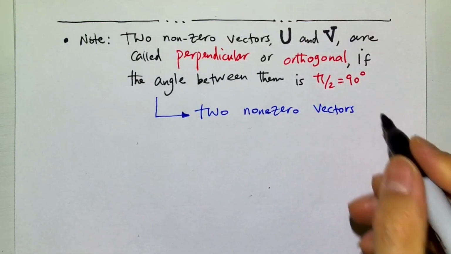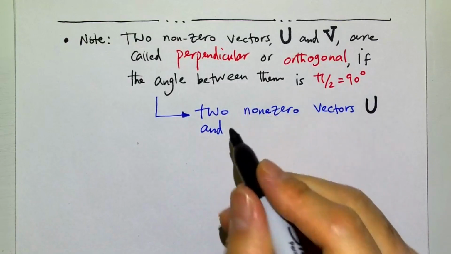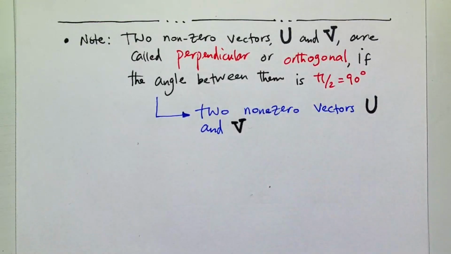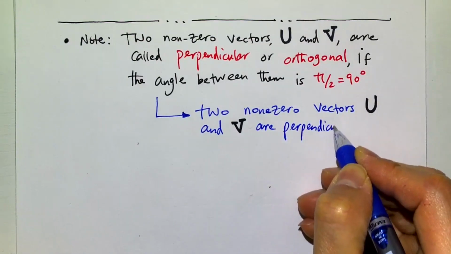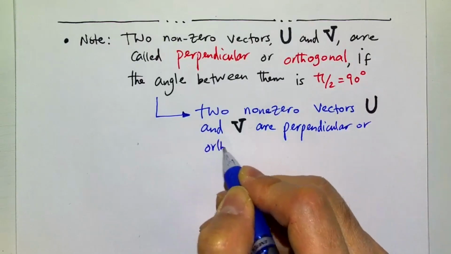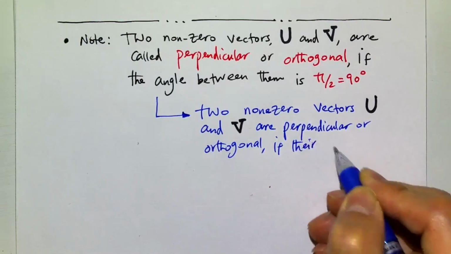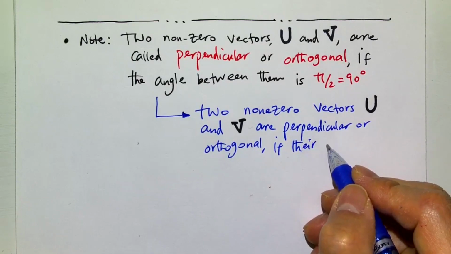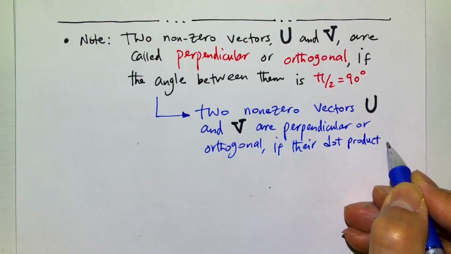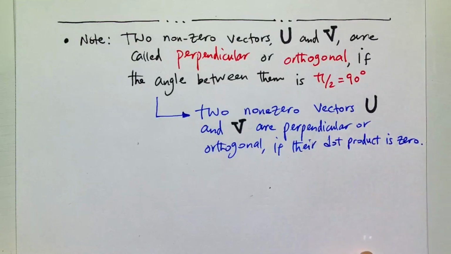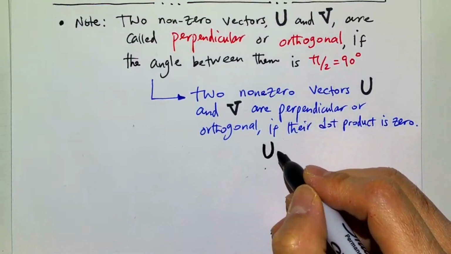Two non-zero vectors u and v are orthogonal or perpendicular if their dot product is equal to 0, and we want to show that using this formula.